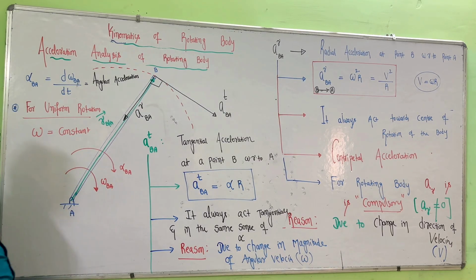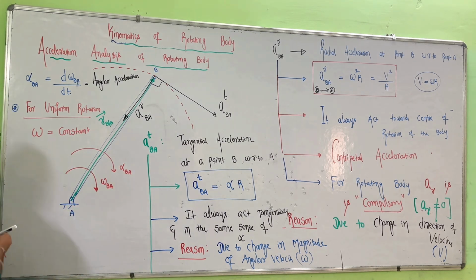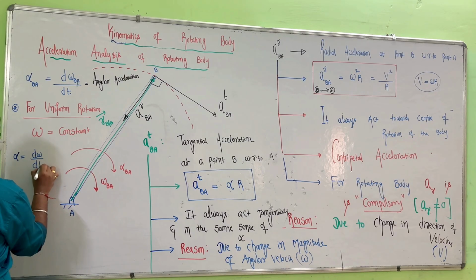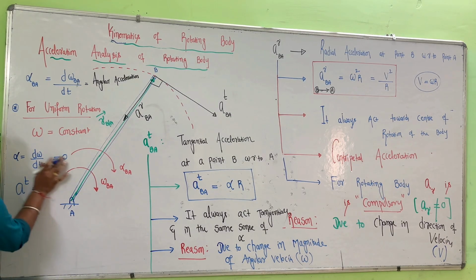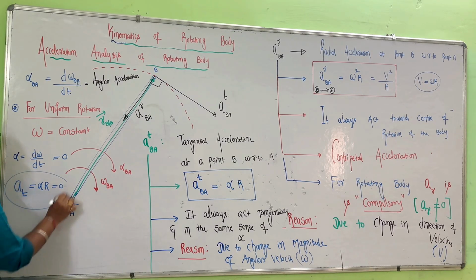Alpha becomes d omega by dt, which equals 0. Tangential acceleration, alpha into r, equals 0.